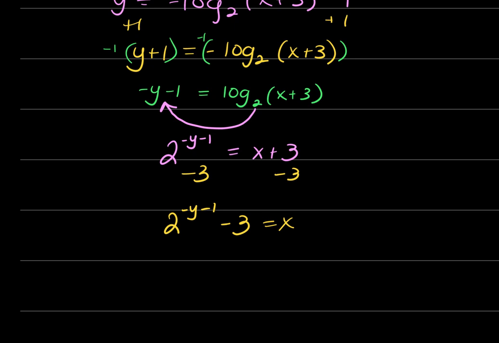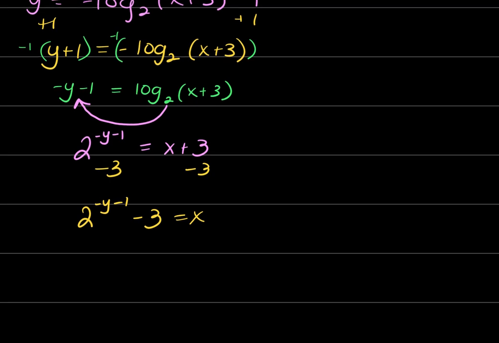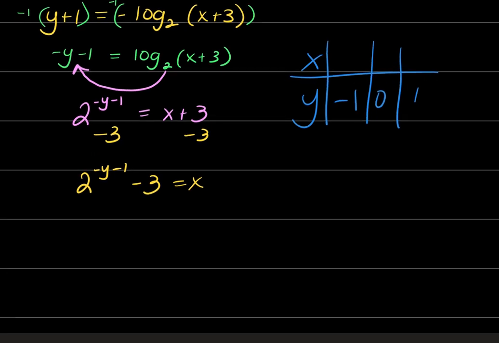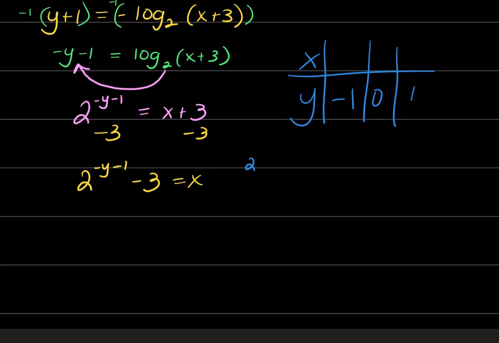And when I do it this way, I'm going to plug my points in to the y. So I'm going to set up a t-chart, but plug into the y. So I get 2 to the negative 1 minus 3, 2 to the negative 0 minus 1 minus 3, and 2 to the negative 1 minus 1 minus 3.